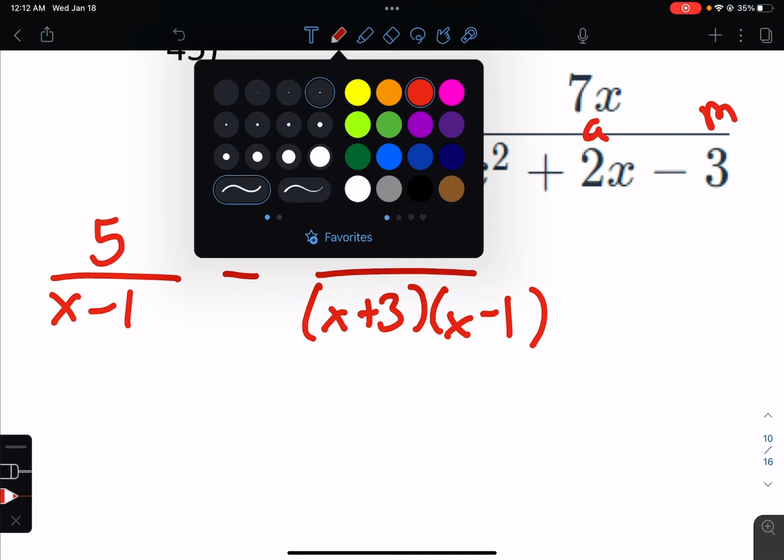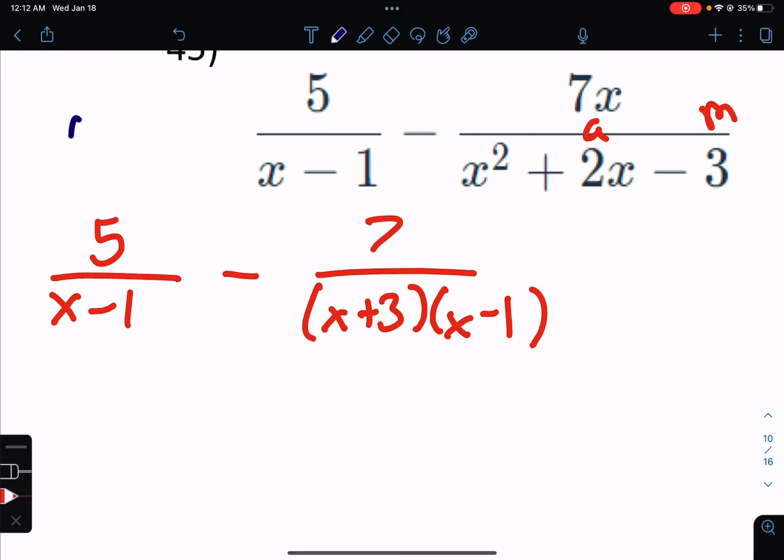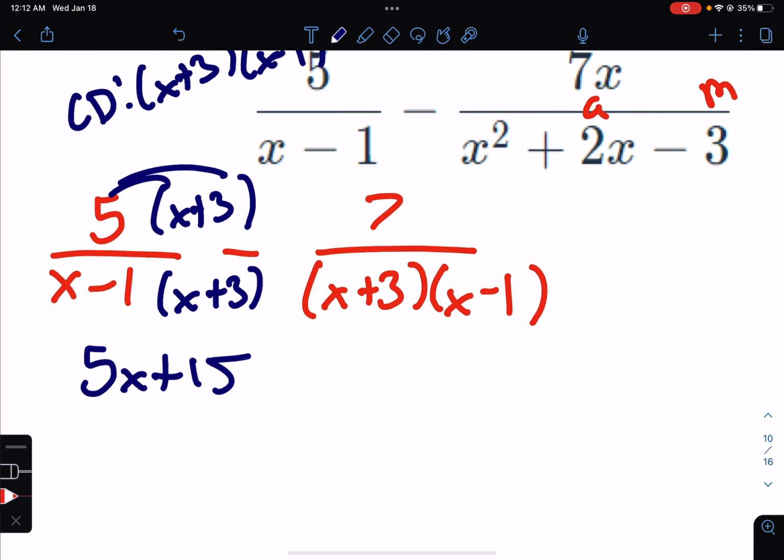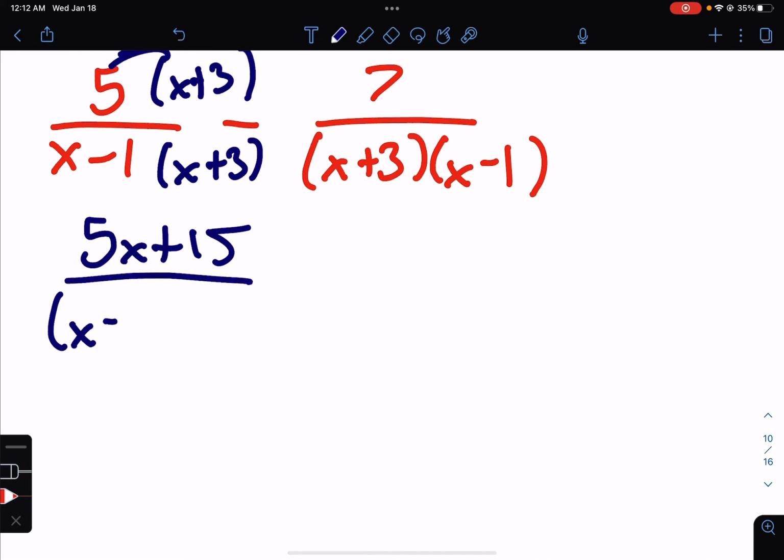So my first guy here, I guess we could look, our common denominator is going to be x plus 3, x minus 1. All right, so this first guy is missing the x plus 3, right? So we're going to multiply top and the bottom by x plus 3, distribute the 5, so we get 5x plus 15 all over x minus 1, x plus 3.